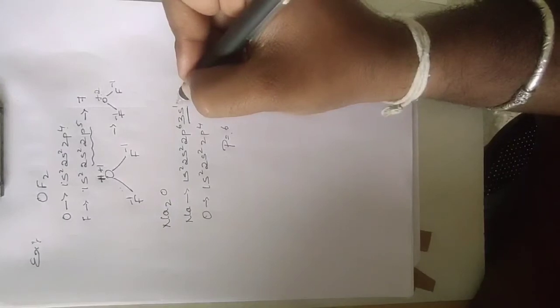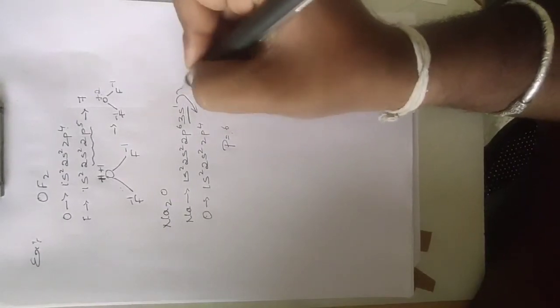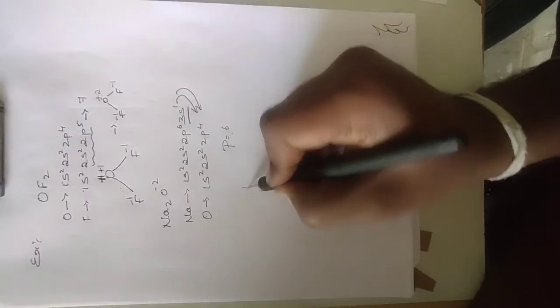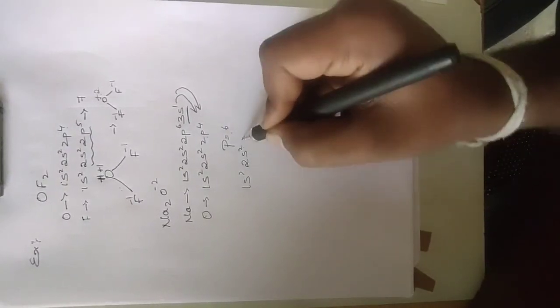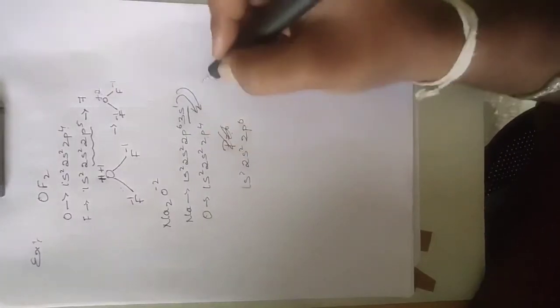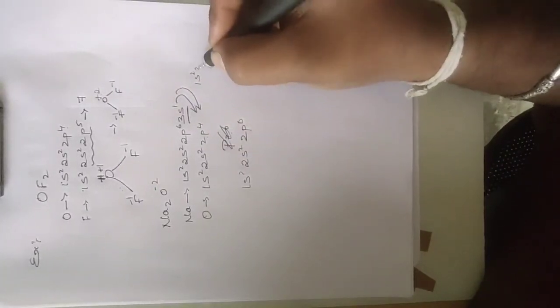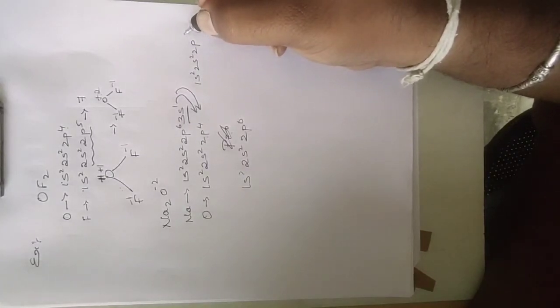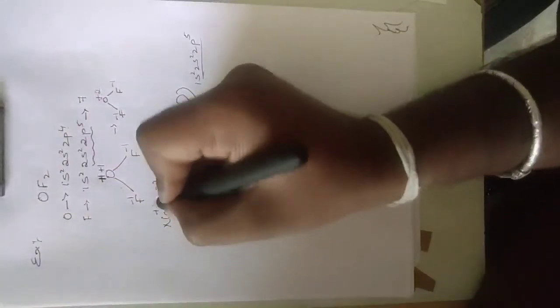Gaining 2 electrons from the sodium, oxygen becomes -2, and the sodium, with the 2 electrons leaving, becomes +2.